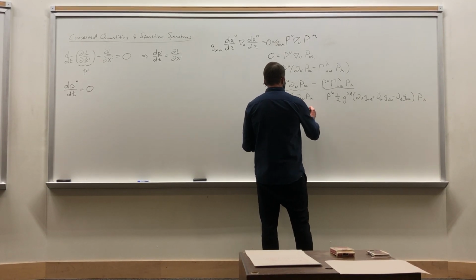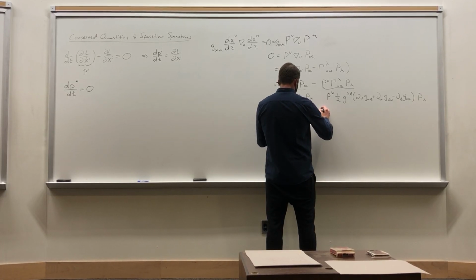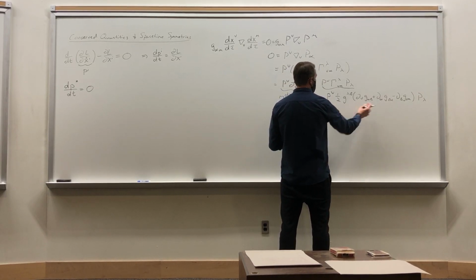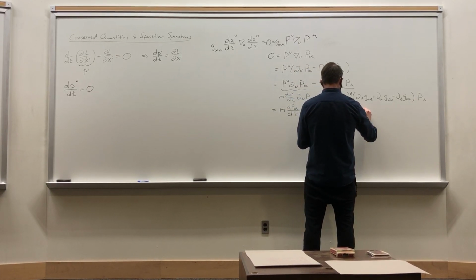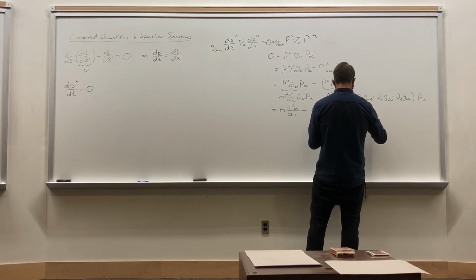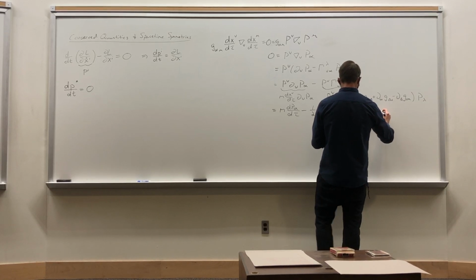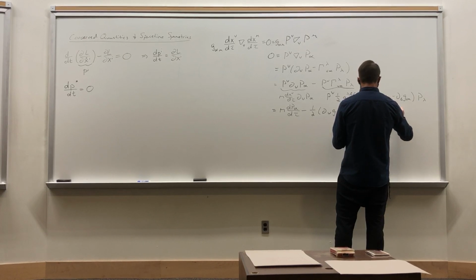All right, now this guy, I can take all the terms in parentheses, and I'm going to swap the order of these because the metric is symmetric. You'll understand why I did that in just a second. ∂_α g_βν minus ∂_β g_να.